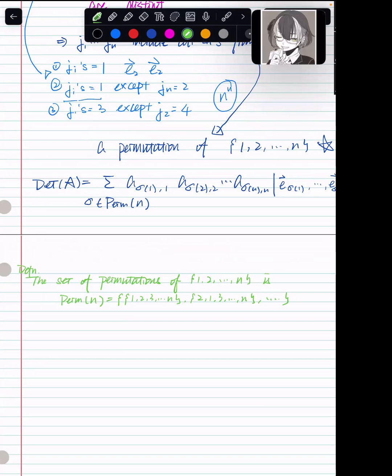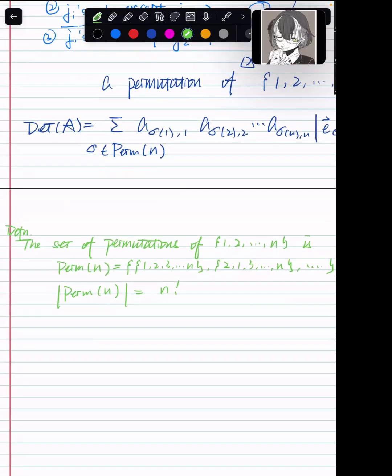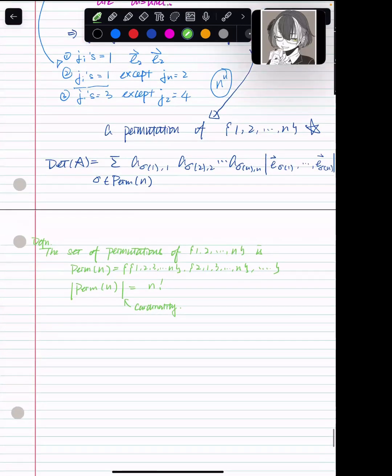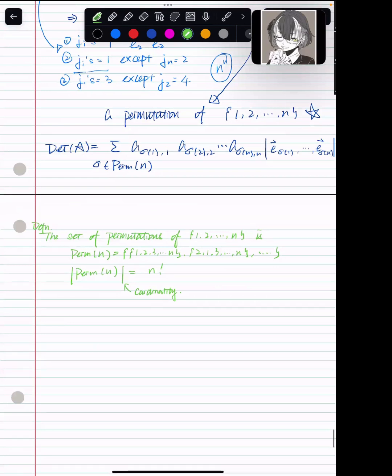So the cardinality of the permutation of n equals n factorial. So this is the cardinality. All right. And that's our first definition of permutation.